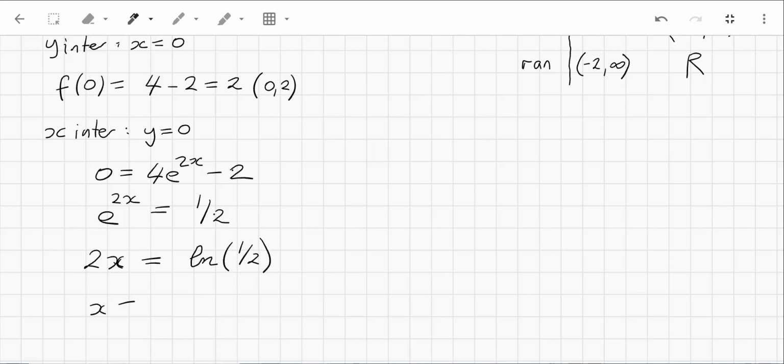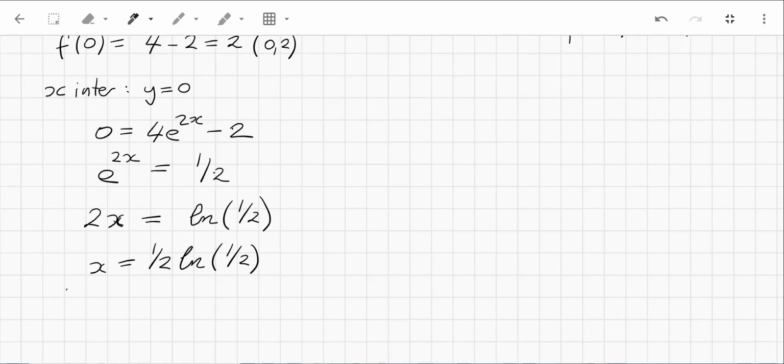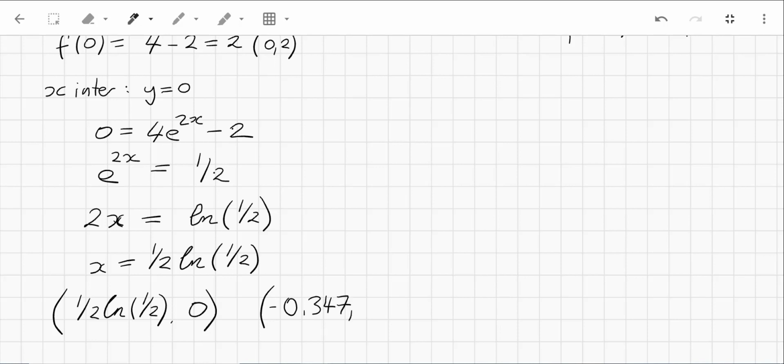Therefore, x is equal to 1/2 ln half. So that gives me the intercept in its exact form, (1/2 ln 1/2, 0). Now you can punch that into the calculator and you'll find that as an approximate value, (-0.347, 0).